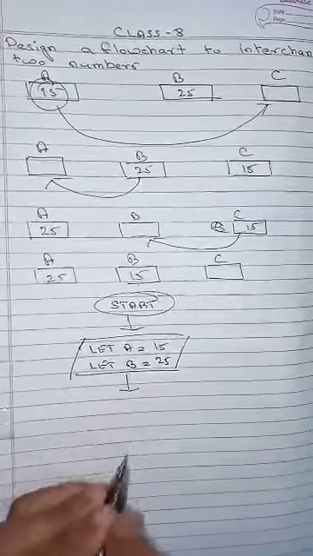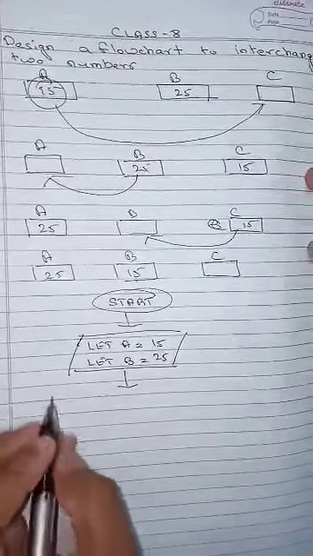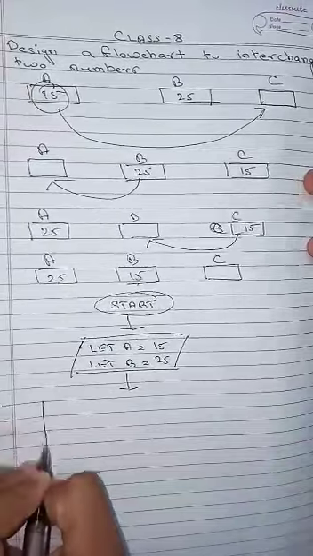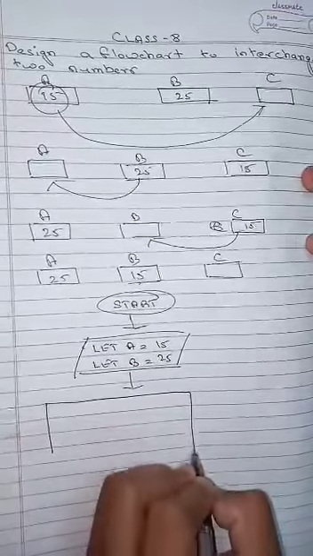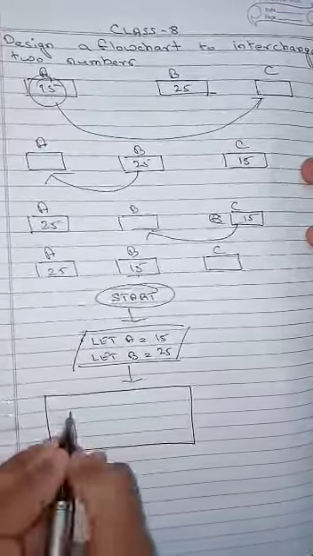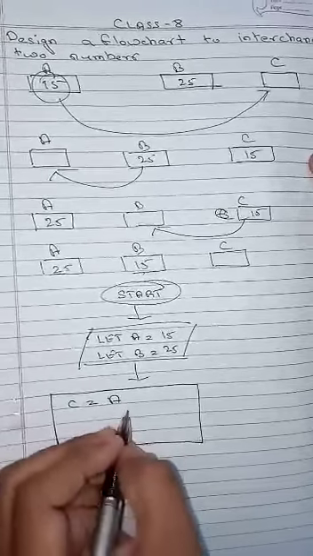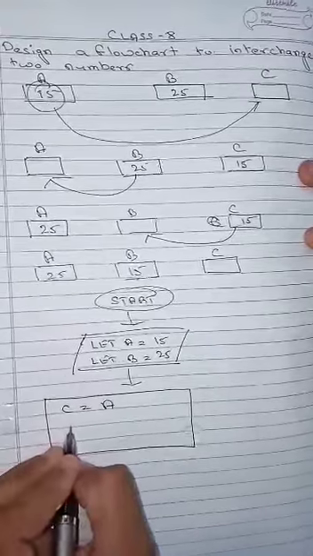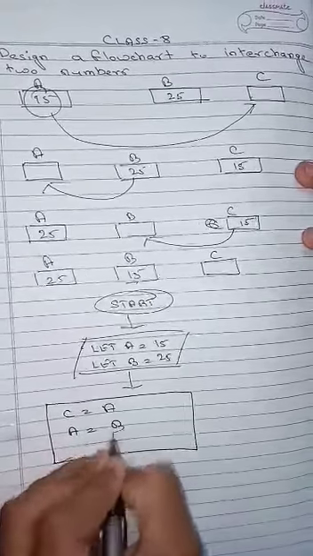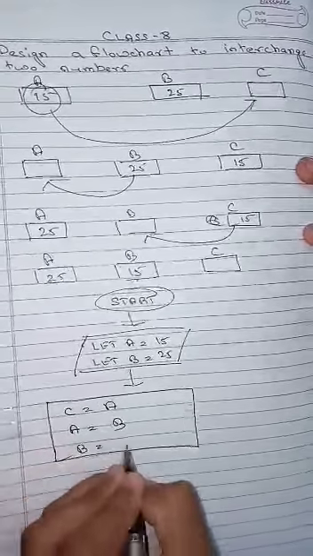In the third step, we'll be doing the process, and this process contains 3 steps. We will use a rectangle shaped box where we will write C equal to A, A equal to B, and B equal to C.